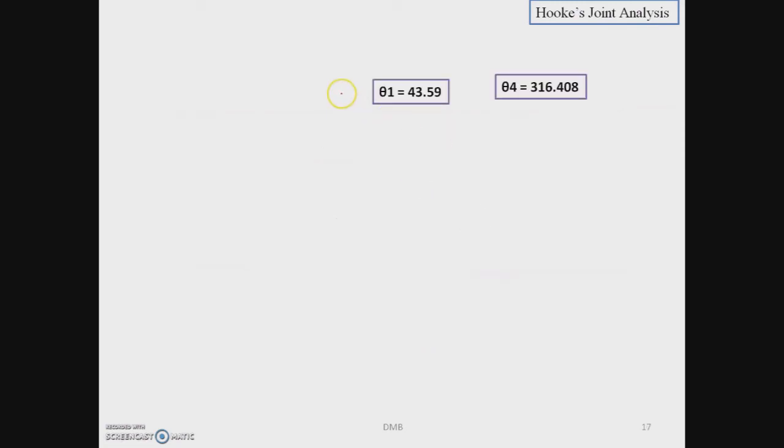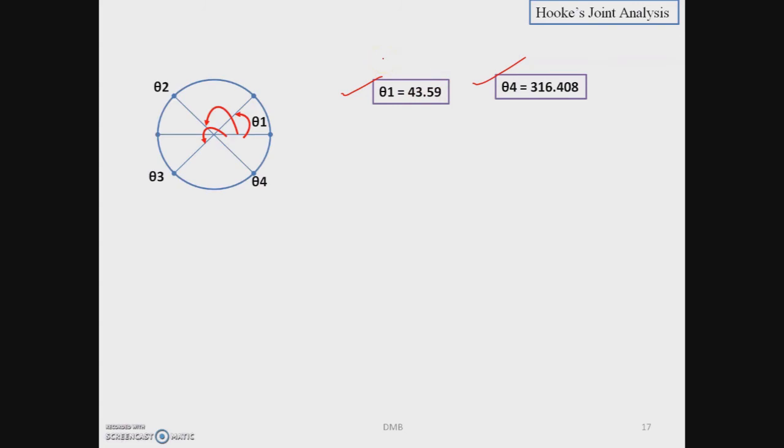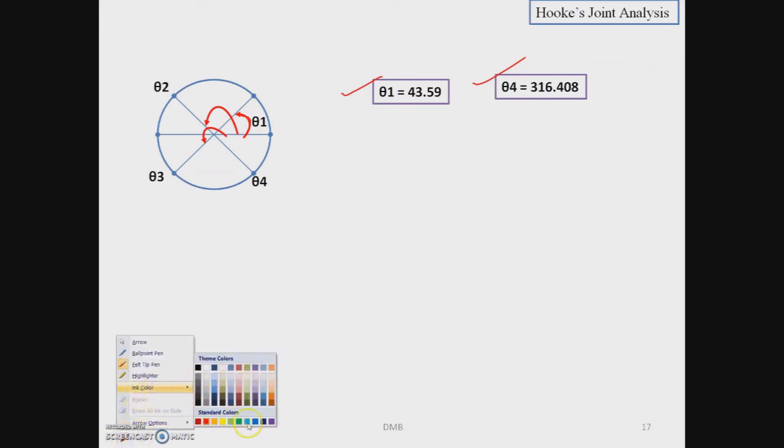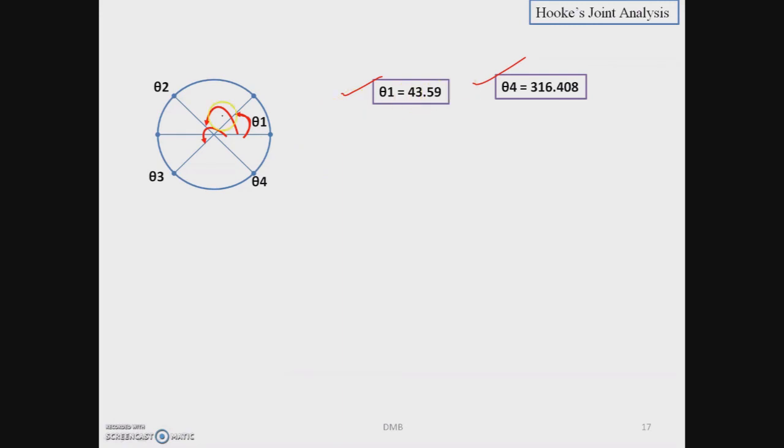We call theta 1 as 43.59 and theta 4 as 316.408. This is theta 1, which is 43.59, and this is theta 4, which is 316.408.